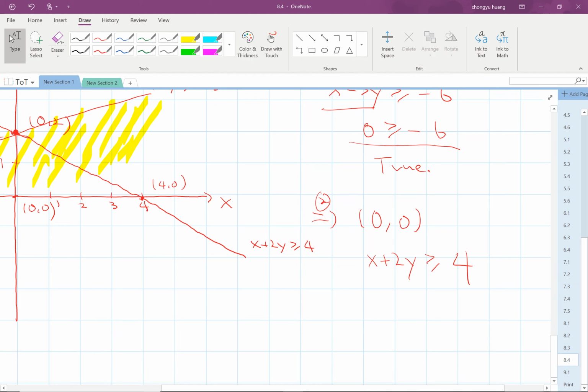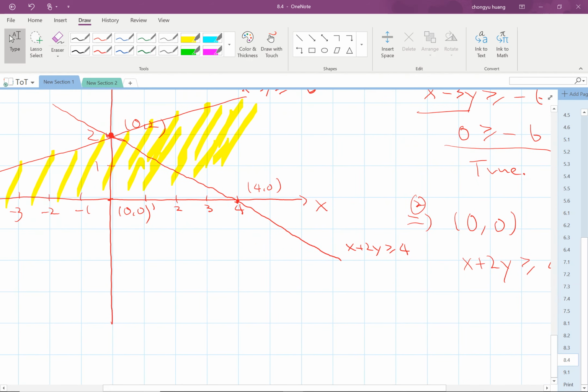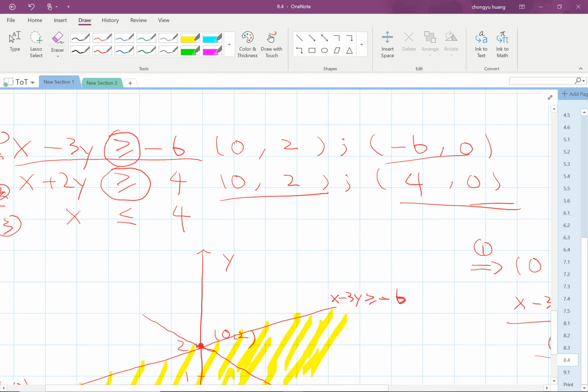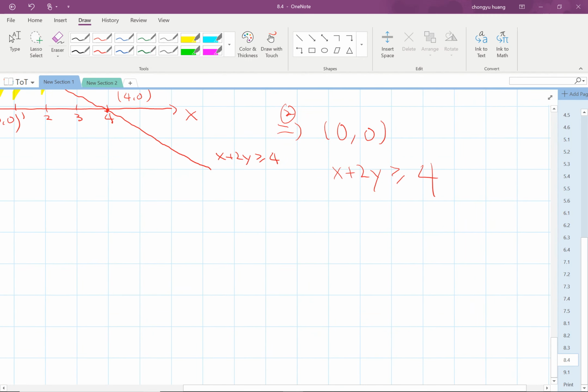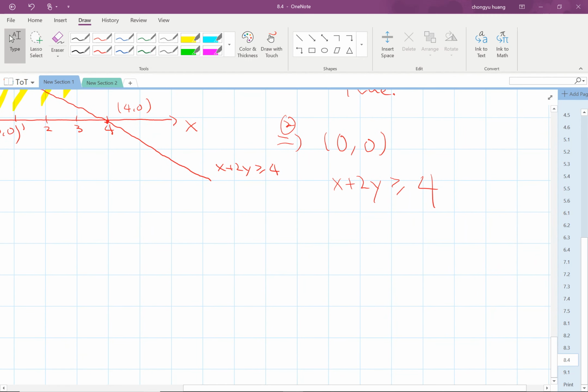Let me take a look. The equation is x plus 2y bigger than or equal to 4. You plug in 0 plus 2 multiplied by 0 bigger than or equal to 4. 0 plus 0 is 0. 0 bigger than or equal to 4 is a false statement, right?